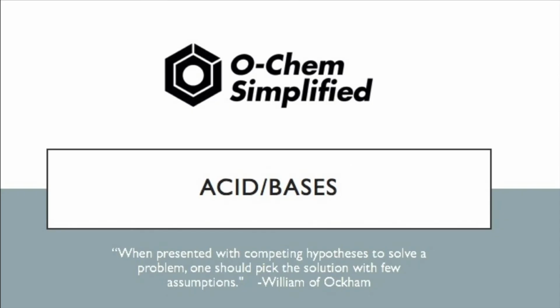When presented with competing hypotheses to solve a problem, one should pick the solution with fewer assumptions. What does that mean? When you're looking at ARIO, you're making a lot of assumptions based on the atom, the resonance, the induction, and the orbital. Now, when you have the pKa's memorized, there are no assumptions. Therefore, when you're competing between hypotheses of which is the correct answer, you already know it right off the bat. So you're eliminating any human error.